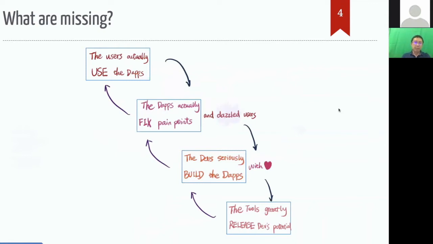what are the missing pieces? We know that if the blockchain technology is really to rise and get to the mainstream, we need users to actually use the decentralized apps.